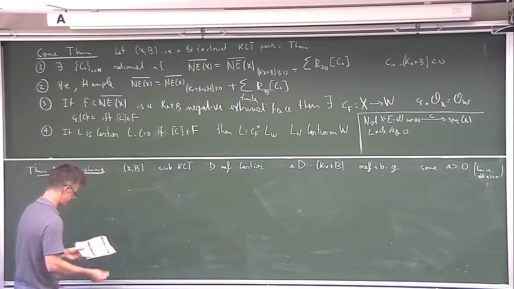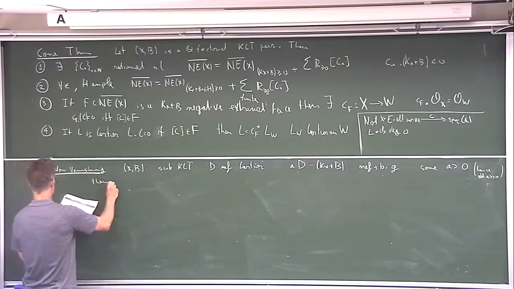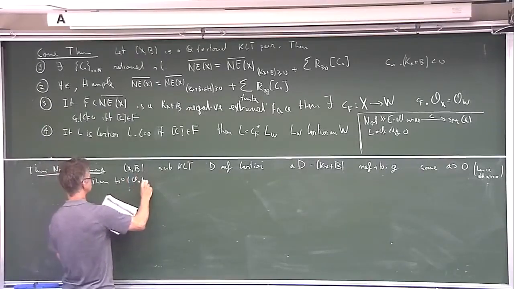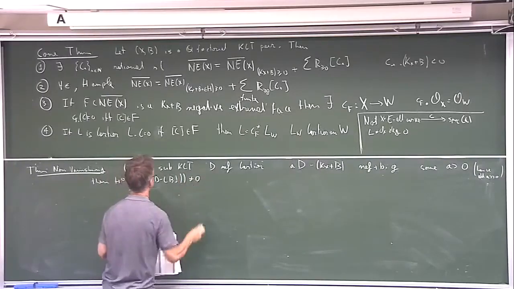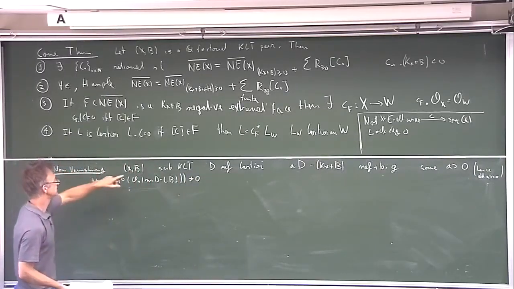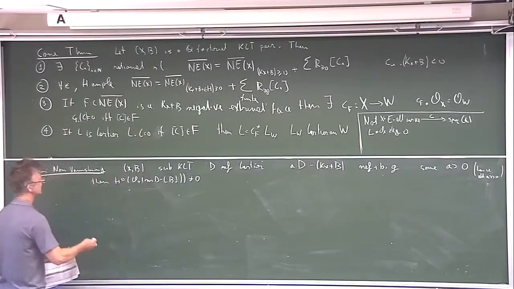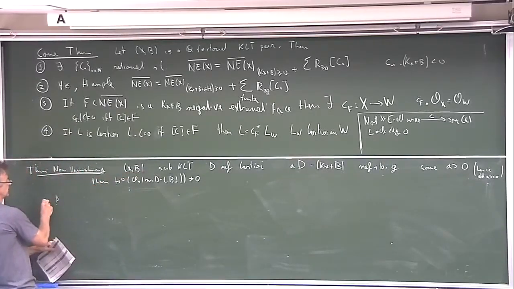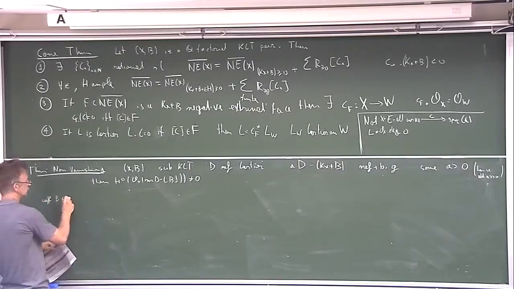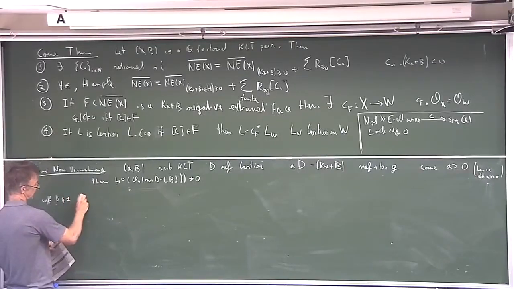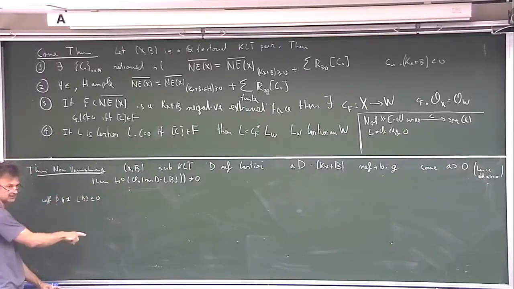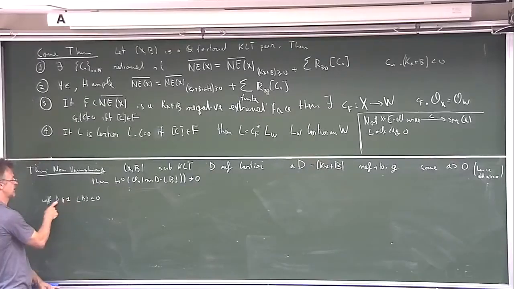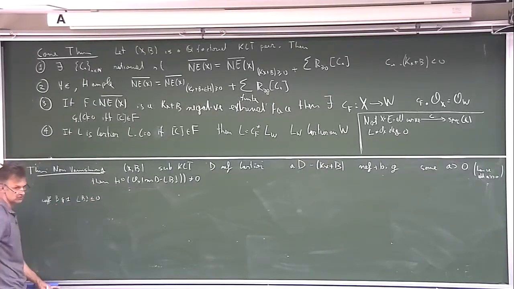Then I get sections of O_X(mD minus the round down of B) that are non-zero. Okay, so this is sub-KLT. What is that telling you? Sub-KLT means that the coefficients of B are strictly less than 1, not equal to 1. So the round down of B, where I round all the coefficients down to the next integer, means that if a number is less than 1, its round down has to be less than or equal to 0.